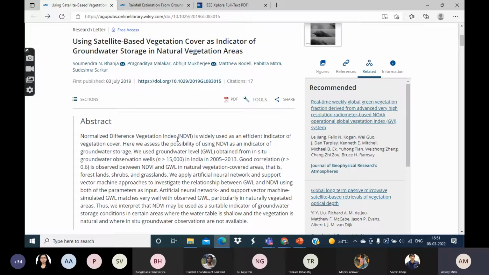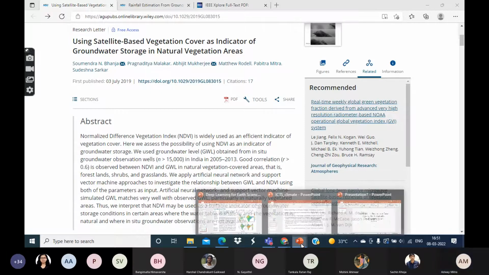As I said, the satellites measure images at different wavelengths.